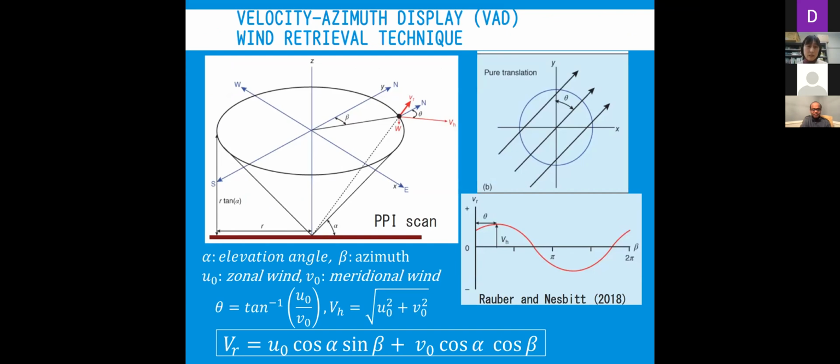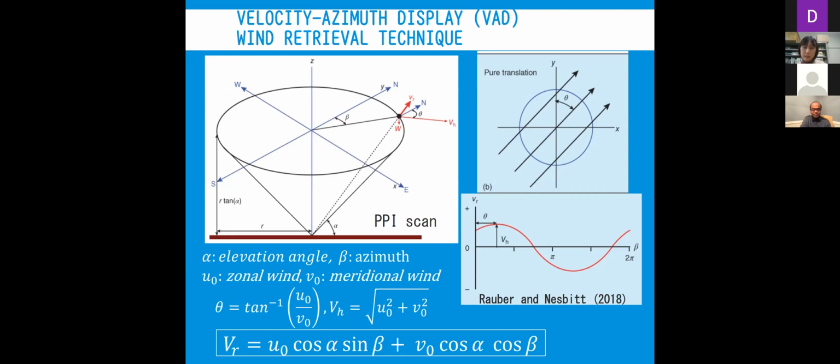And this is the explanation of the velocity azimuth display technique. It is one method to estimate airflow over the radar using Doppler velocity. If the airflow blows uniformly over the observation area, the azimuthal variation of the Doppler velocity at a constant altitude shows a sinusoidal curve.